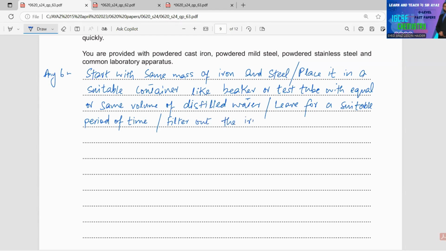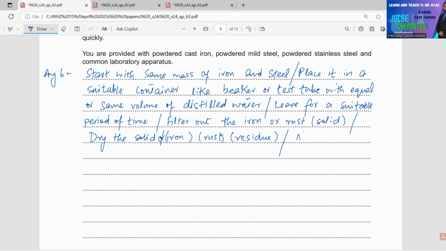Next one, filter out the iron or rust, which is definitely the solid one. Next one, what we can do, dry the solid. You can even write iron, you can even write rust, or you can even write residue.